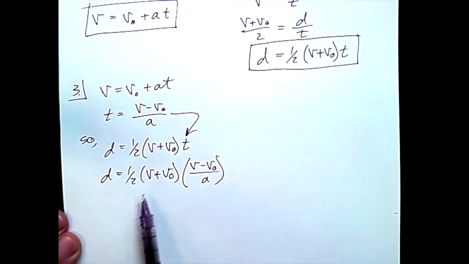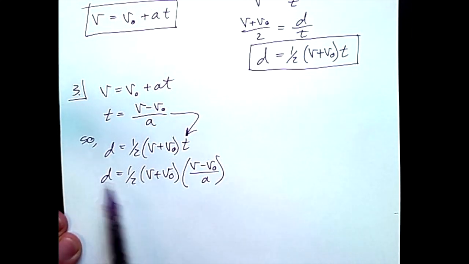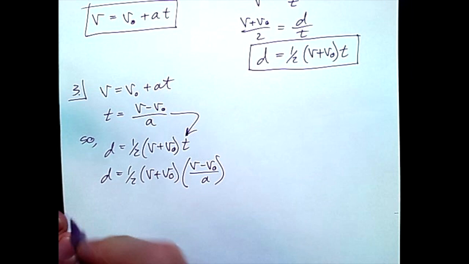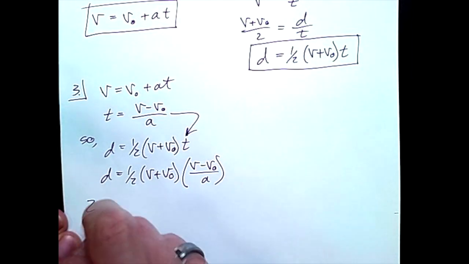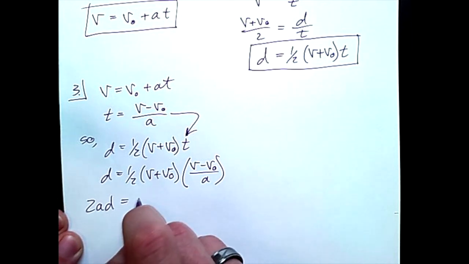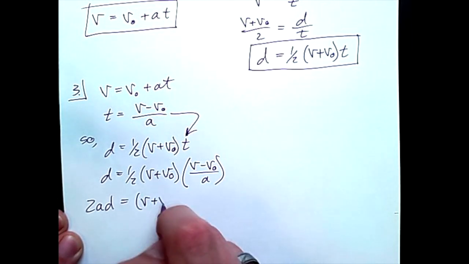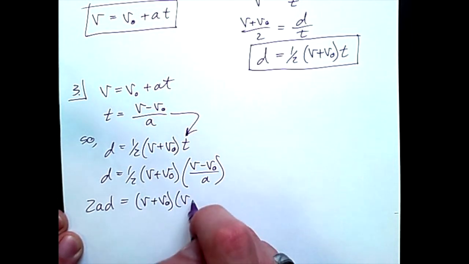To pull things together, I'm going to multiply by 2 and multiply by a, so I get something a little bit simpler: 2ad on this side, and on the right-hand side the quantities multiplied, v plus v naught times v minus v naught.